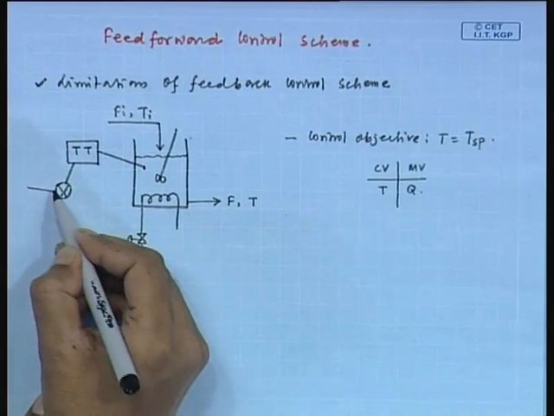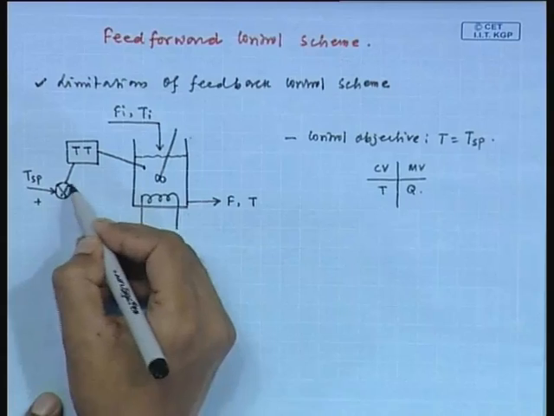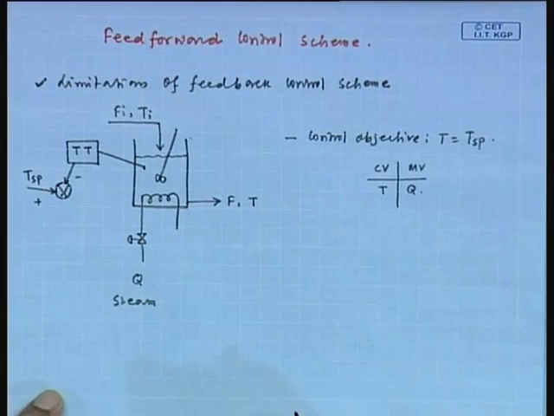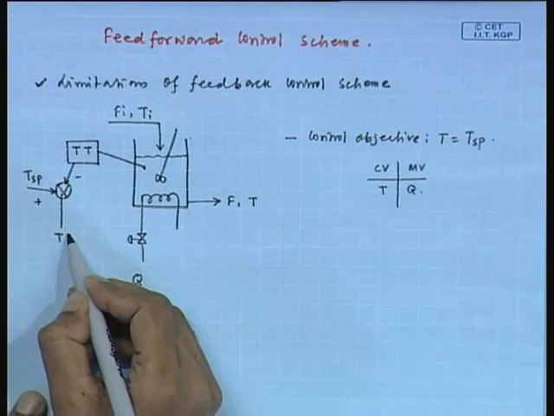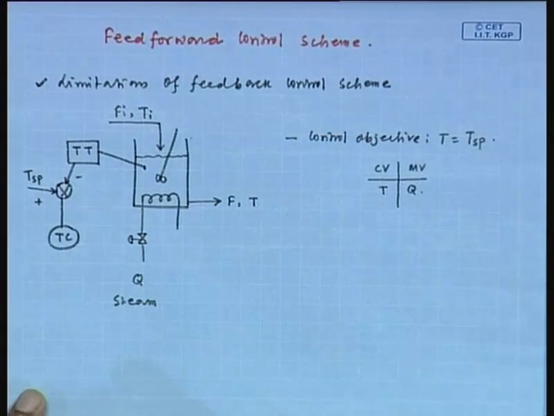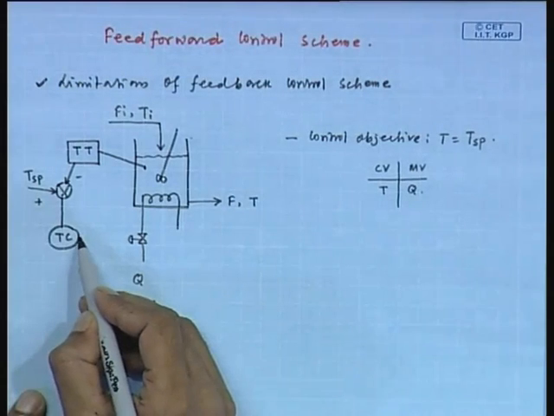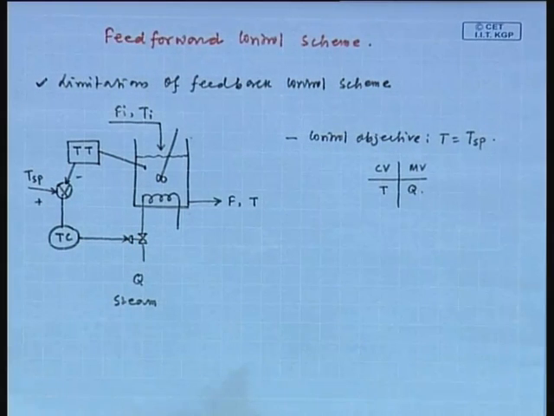Then that measured signal is compared with set point value, then this signal is used to calculate the control action, and then this action is implemented through the control valve.